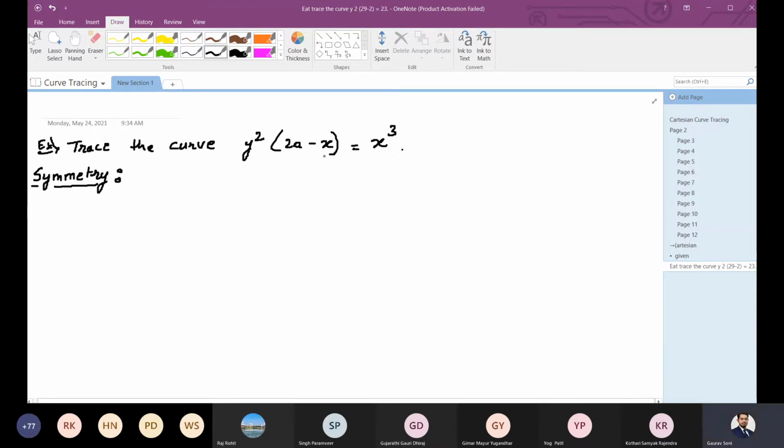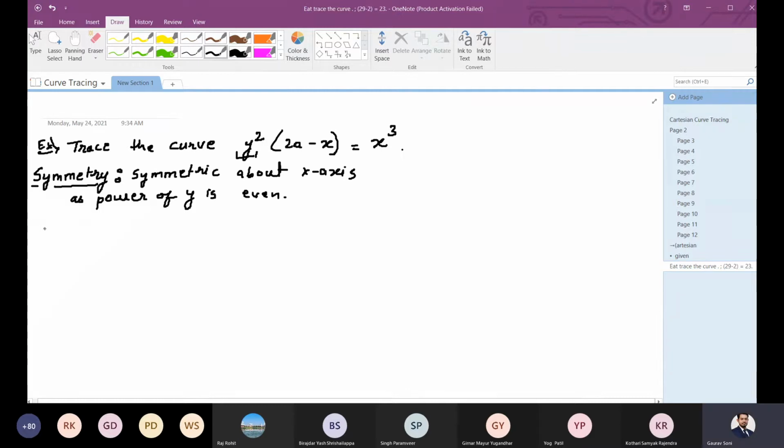You can see that the power of y is even. So whenever the power of y is even, our curve is symmetric about the x-axis. The curve is symmetric about the x-axis, as the power of y is even.